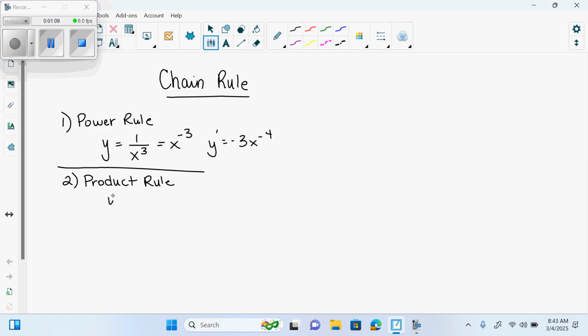Where we had like y equals 3x times x plus 2. This would be our f, this would be our g, and then we did g f prime plus f g prime.